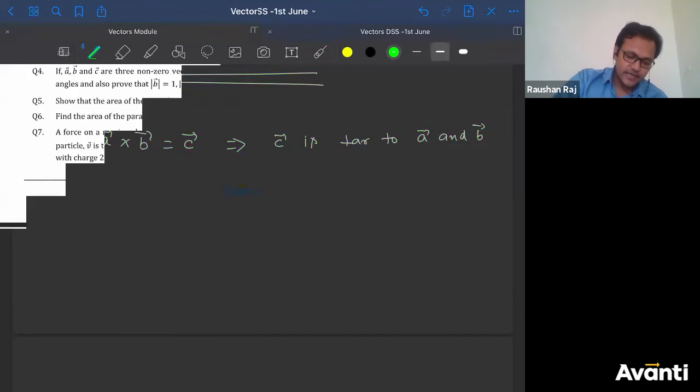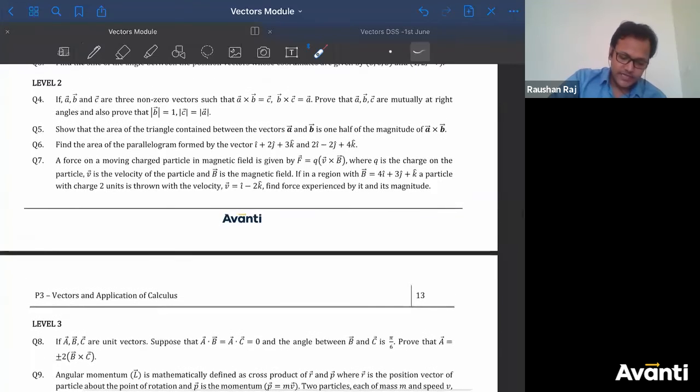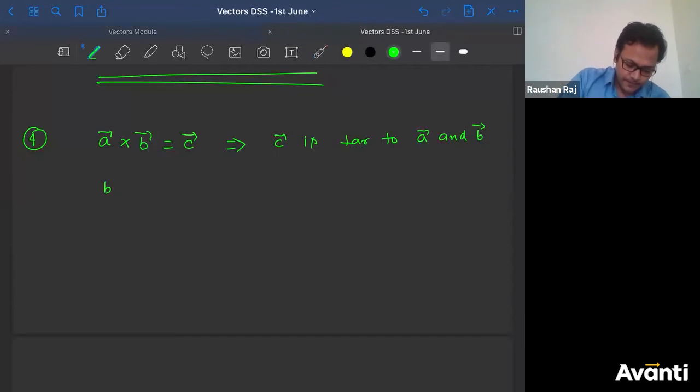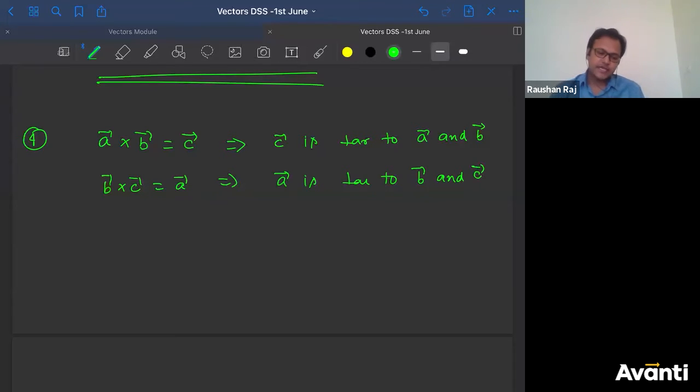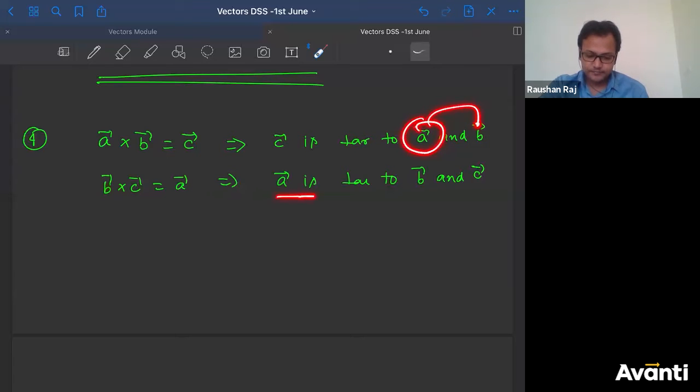Got it? Achha. Second statement. If you see the second statement, B cross C is A. That means A vector is perpendicular to vectors B and C. Now you just decide. If C is perpendicular to A and B, and A is already perpendicular to B, so C is perpendicular to A and B, which are also perpendicular to each other.